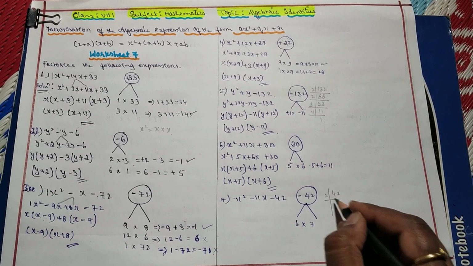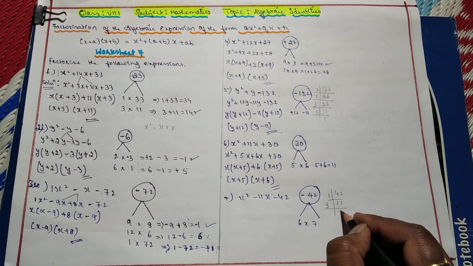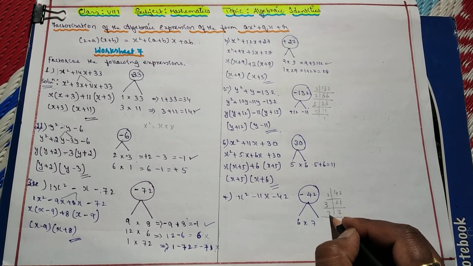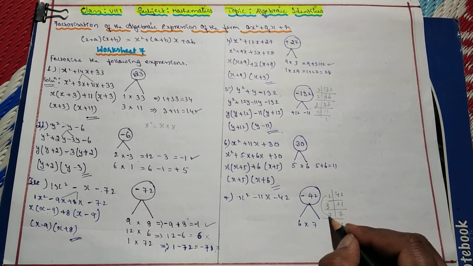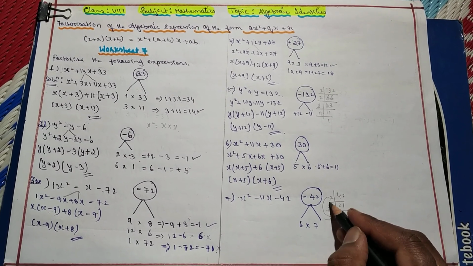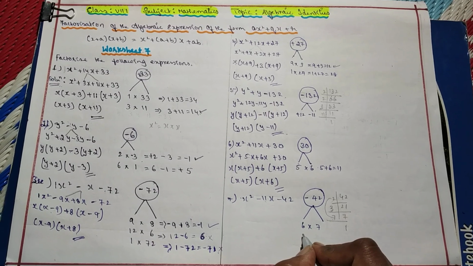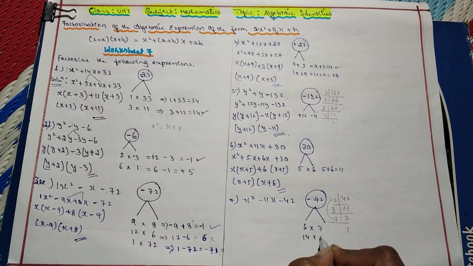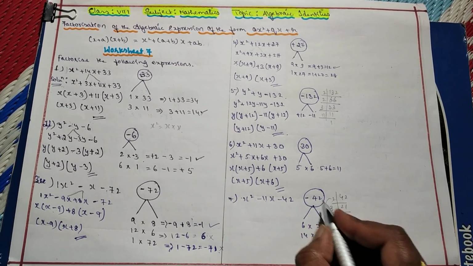42: 2 2s are 4, 2 1s are 2, 3 7s are 21, and 7 1s are 7. 7 2s are 14. 14 minus 3 is 11. Yes, I'm getting it. So I'll choose the table 14 3s are 42, but I should get minus 11.